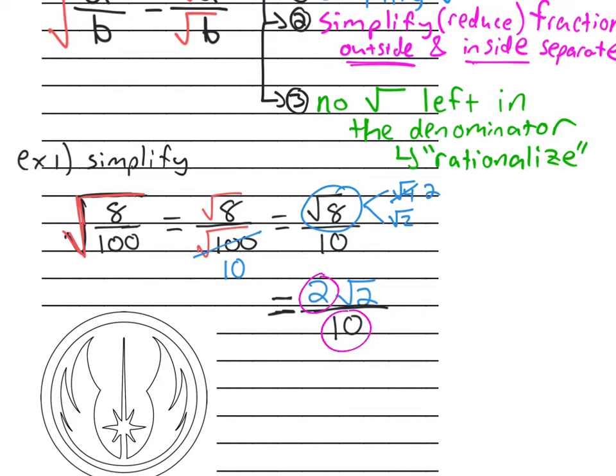You can divide each of these by 2. 2 goes into 2 once and into 10 five times. Again, notice we only do the outside numbers; don't touch the inside number unless you have another part inside down here. So, cleaning up our simplifying to get our final answer, we'd have 1 root 2 over 5. And that's our final answer. You don't need that 1 right there, so you could write it as just the square root of 2 over 5.